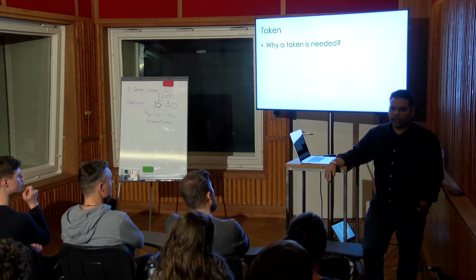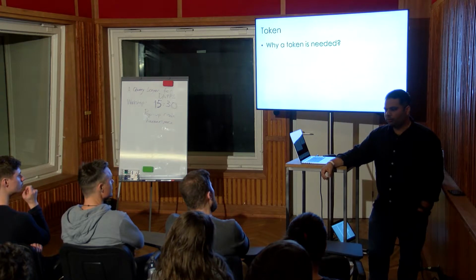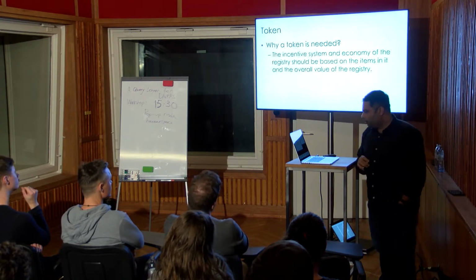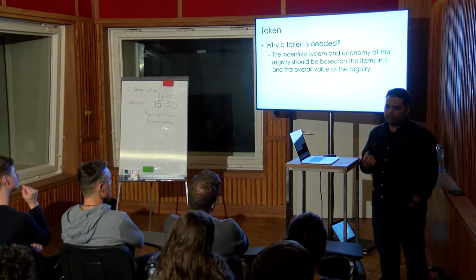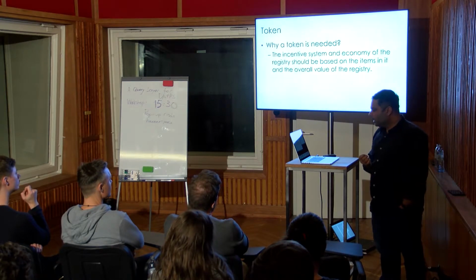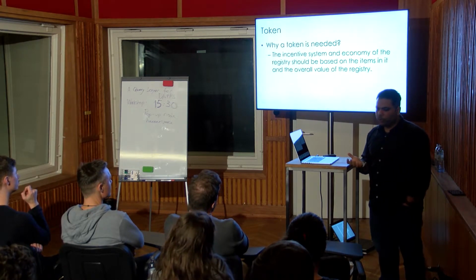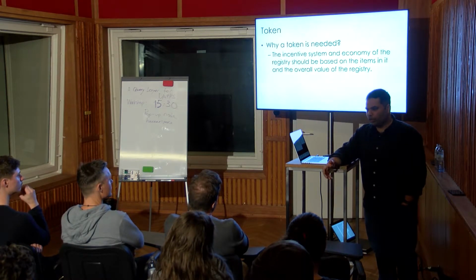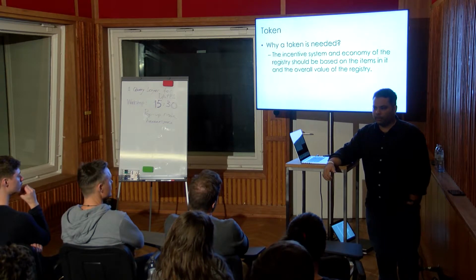Why do you need a token for every registry? So the basic principle is that the incentive system or the economy associated to a token curated registry should be related to, or should be showing, the overall value of the items in that particular list.